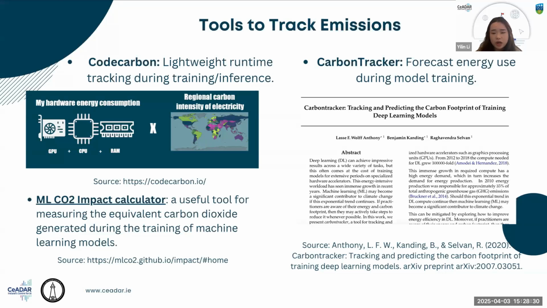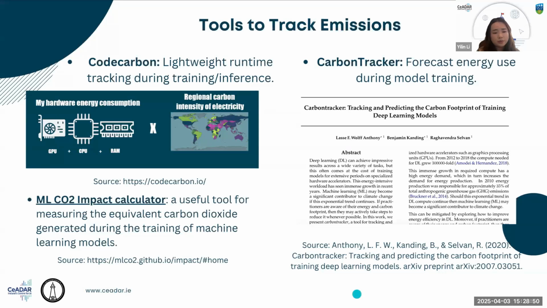And CarbonTracker is a bit different. It helps you forecast the energy use before the training. It's useful when planning large experiments, so you can estimate the impact before running the full models.